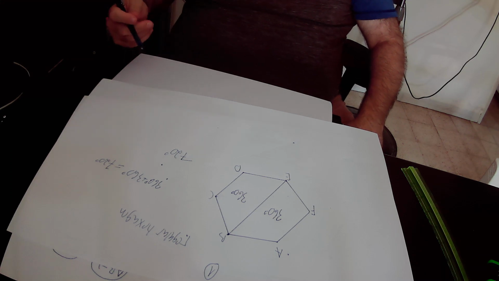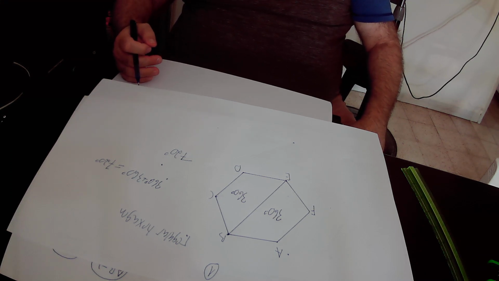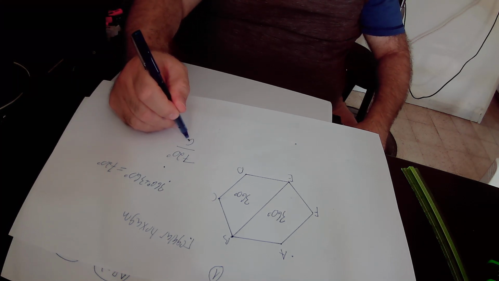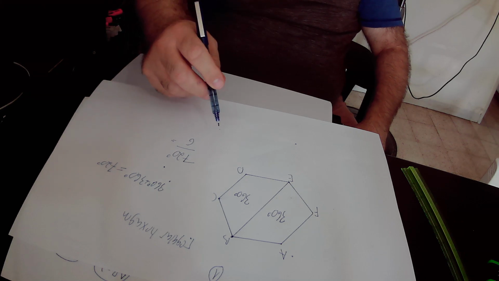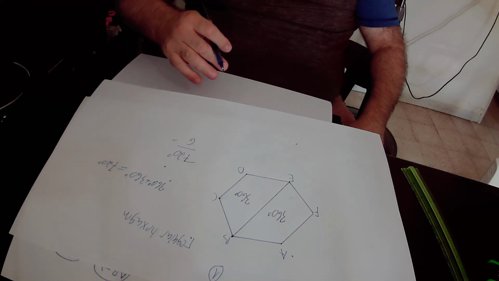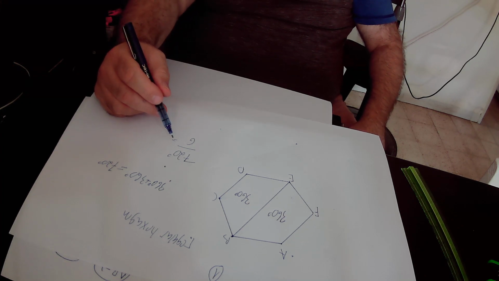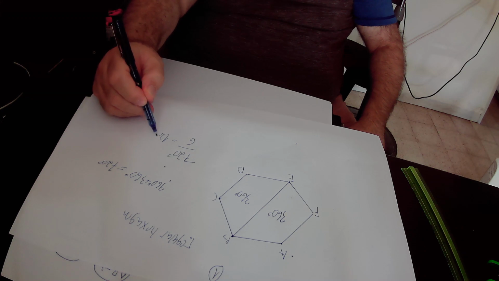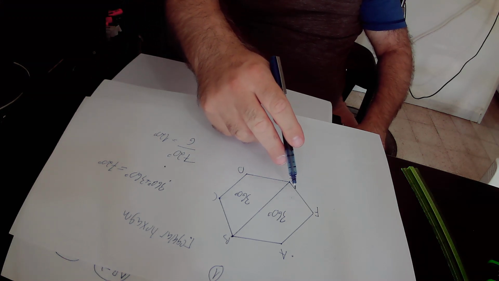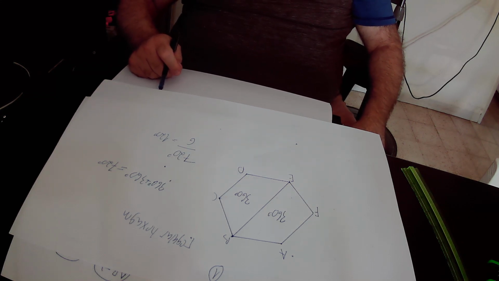So 720 degrees, the sum of the 6 angles, over 6 will be equal to the size of one angle. Why? Because they are equal to each other. So 720 degrees over 6 equals 120 degrees. We actually found out that each angle of this regular hexagon is equal to 120 degrees in its size.